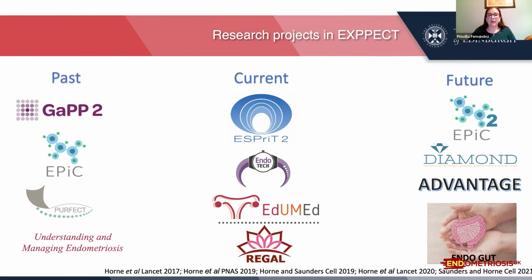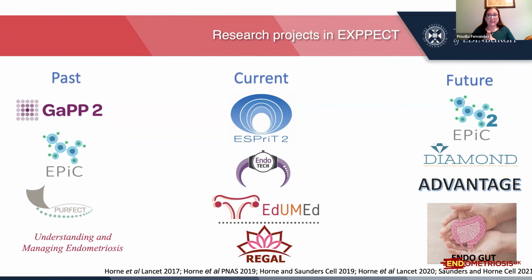So currently we are running EXPPECT, as Dr. Whitaker also mentioned, and this is the trial where we're looking to see if we can have more robust evidence regarding the treatment of superficial peritoneal endometriosis. We're asking ladies who don't have a diagnosis of endometriosis and are currently on the waiting list for laparoscopy if they would be willing to complete some questionnaires before surgery, and then be randomized.